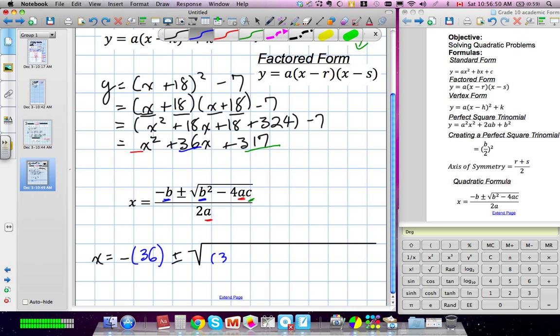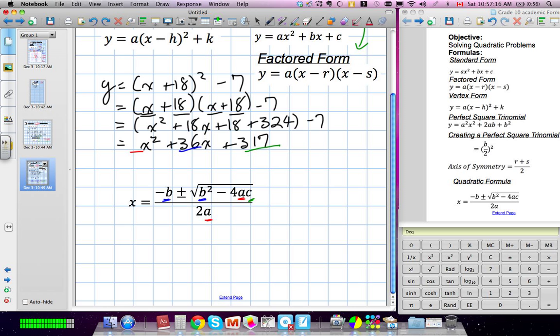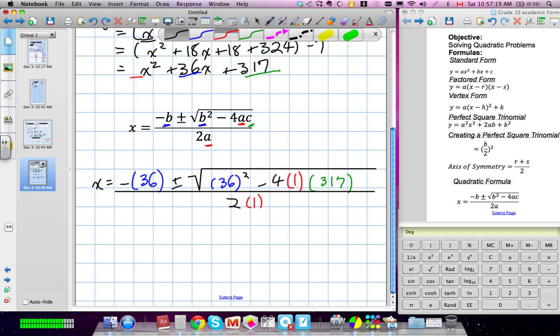That's what we got a calculator for, right? And it's all divided by 2 times, what's our a value? So it's basically 1. I mean 2. Let's try to evaluate some of this. So we get x is equal to negative 36, plus or minus the square root of 36 squared, 1,296.